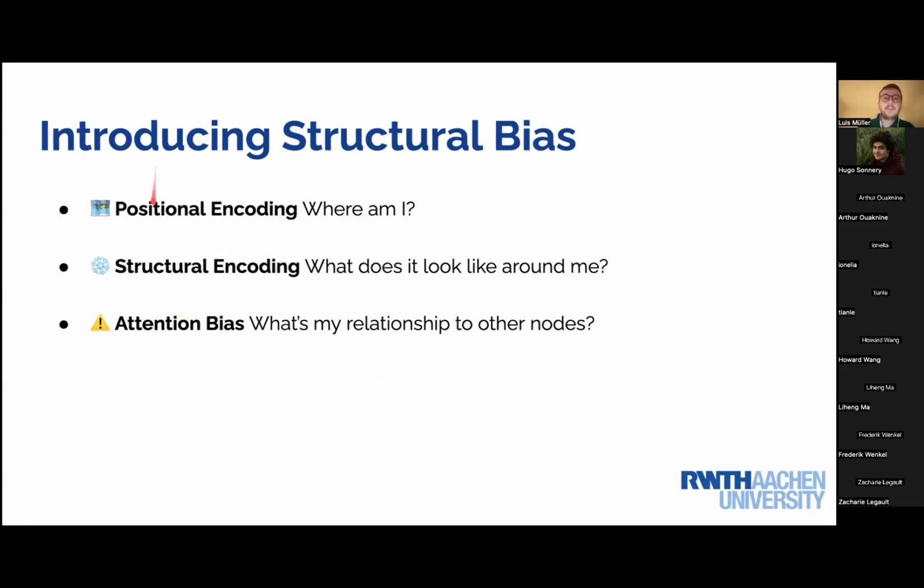The other complements the positional encodings as structural encodings. So what does my environment look like? What kind of substructures am I immediately embedded in? For example, is a given node on a cycle, like a subgraph in the whole graph that we're looking at. And lastly, we have attention bias, so that's just biasing attention before applying the softmax, where you can encode the relationship to other nodes, such as simply the edge information.